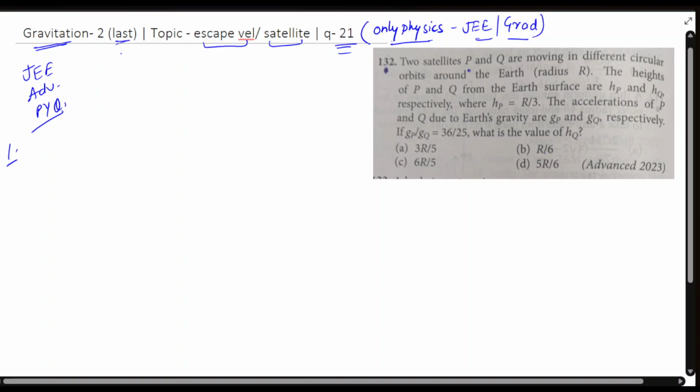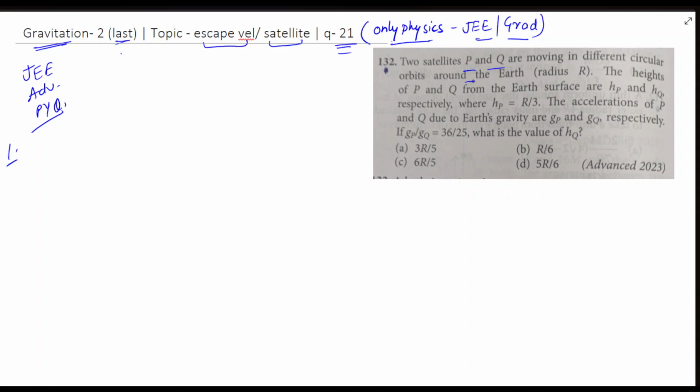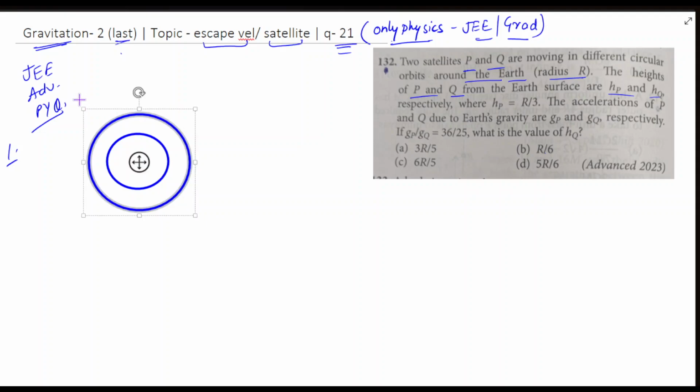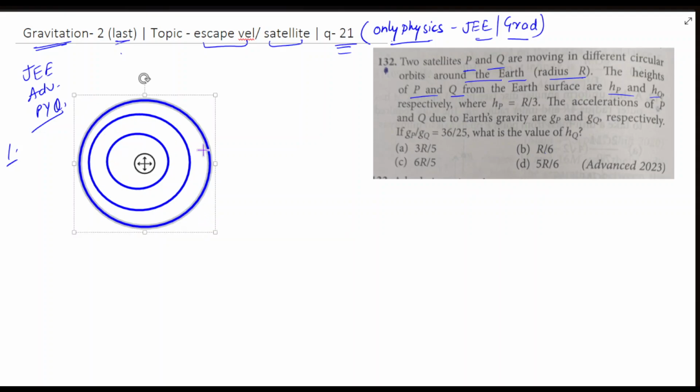So in this question, there are two satellites, P and Q, moving in different circular orbits around Earth of radius R. The heights of P and Q from the Earth's surface are HP and HQ. So we have two satellites. Let's say this is our Earth. This is the first path, and this is the second.